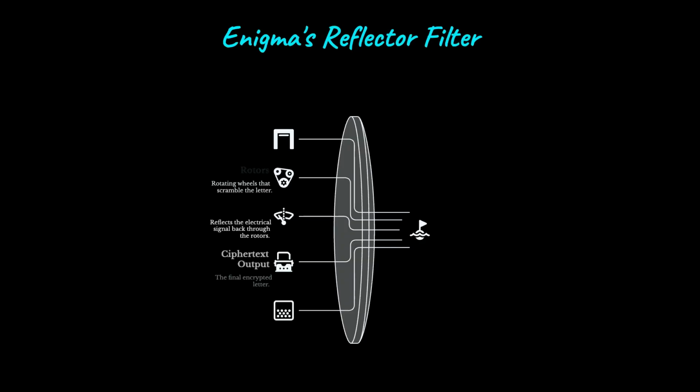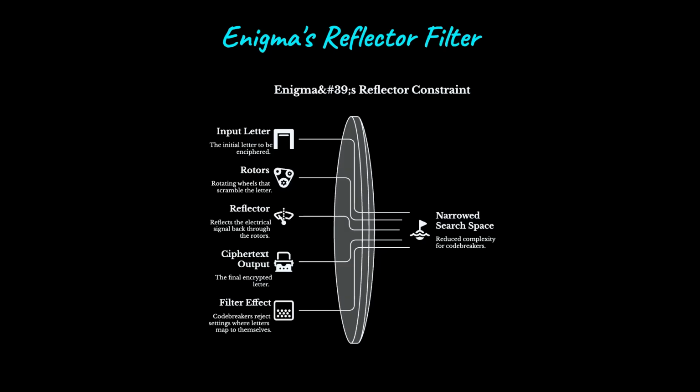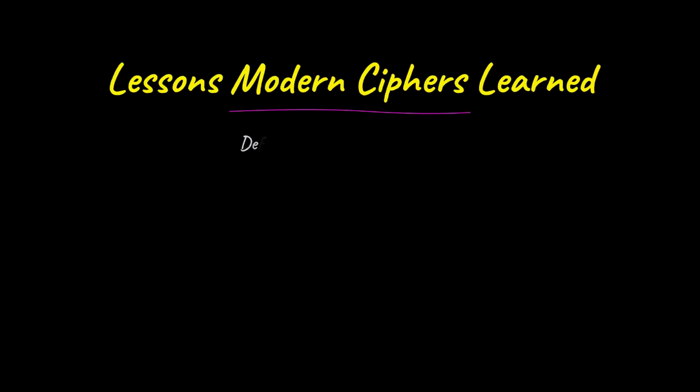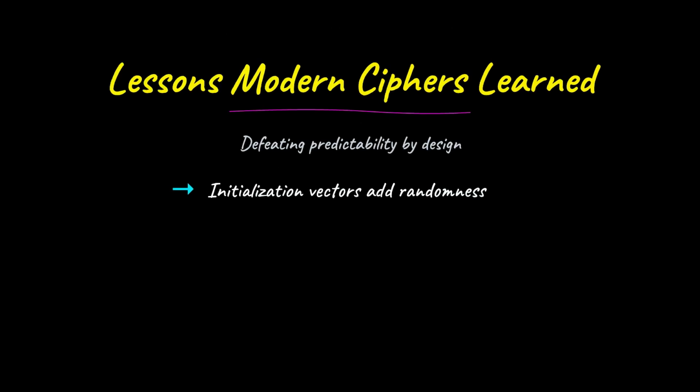The reflector's constraint was a design choice, not an operator error, but it became a powerful filter in the hands of analysts, letting code-breaking machines instantly reject impossible settings and cut the search dramatically. Modern systems absorb these lessons directly. Initialization vectors add randomness, so identical messages don't produce identical ciphertext.